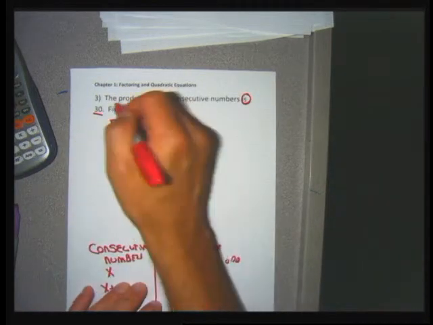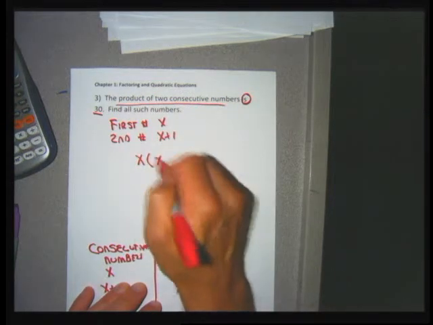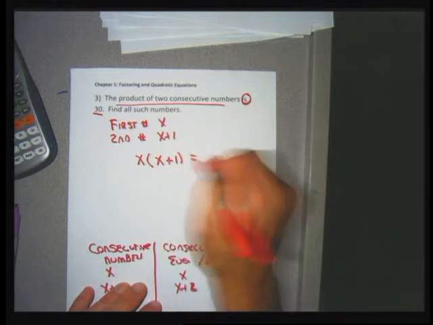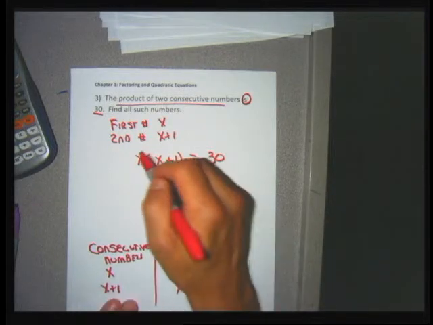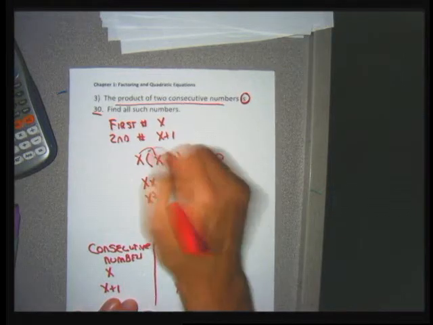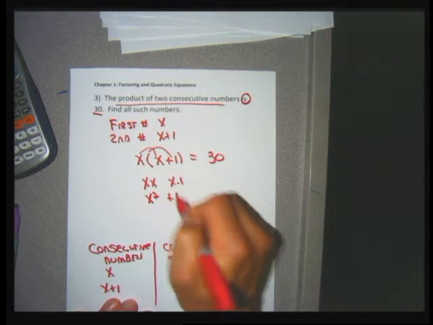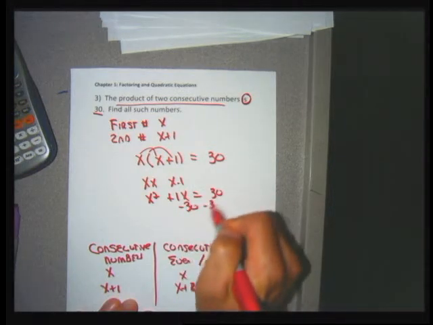So for the product of two consecutive numbers, the first number times the second number is, which is equals, 30. And the math is just going to give me the smaller number. I'll have to add 1 to get the next number. I'm going to clear the parentheses. X times x is x squared. X times 1 is plus 1x. Now I'm going to minus 30 minus 30.